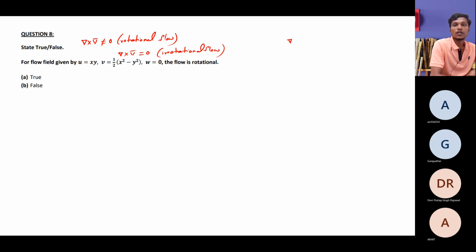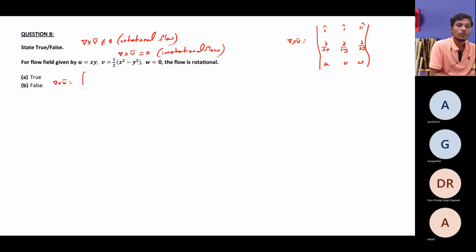For your understanding, I am writing del cross V bar equals the matrix i cap, j cap, k cap, dou by dou x, dou by dou y, dou by dou z, and then u, v, w. This is the del cross V bar matrix whose determinant we need to find to understand whether it is a rotational or irrotational flow.